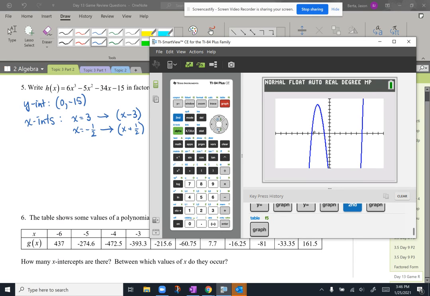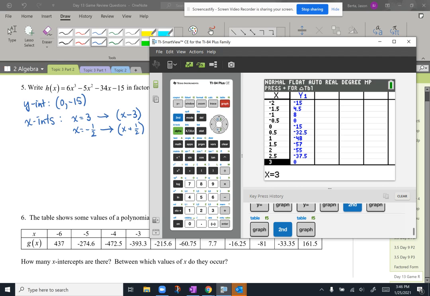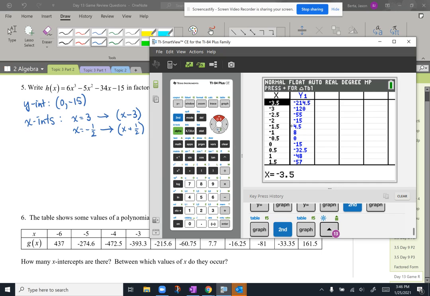And it looks like it's somewhere between negative 4 and negative 3. It doesn't look like the table. Let's scroll up a little to see if it shows it. Yeah, it doesn't, because here we know it's actually between negative 2 and negative 1.5, because that's where the output goes from positive to negative.